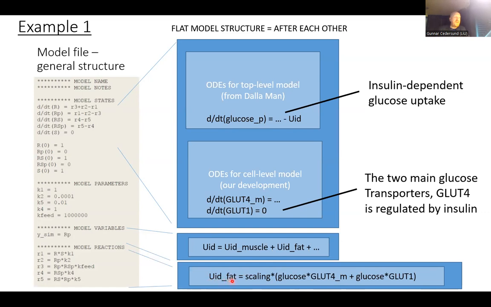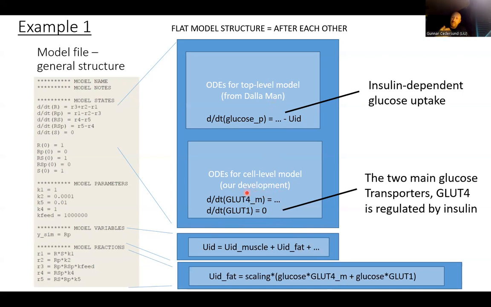So the UID fat, which is this term here. And then you have corresponding expressions for the UID muscle and UID liver and so on. So that's how you combine different models on different levels. And I said before that this model here is typically trained on data from the cell.